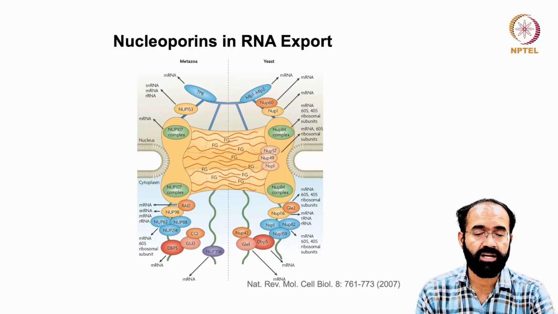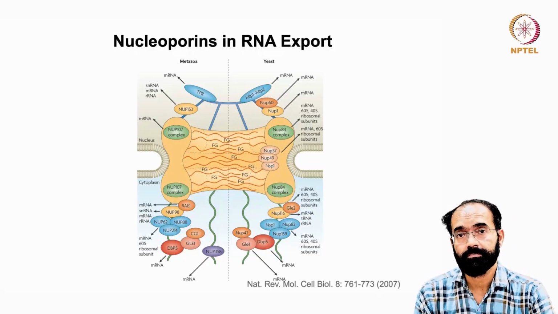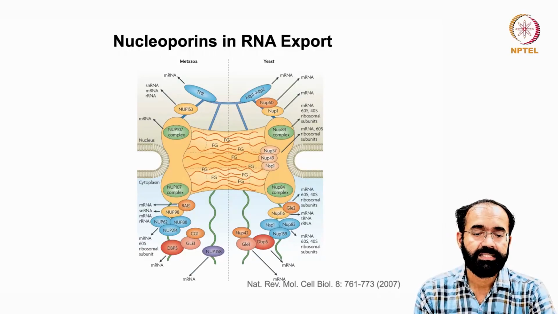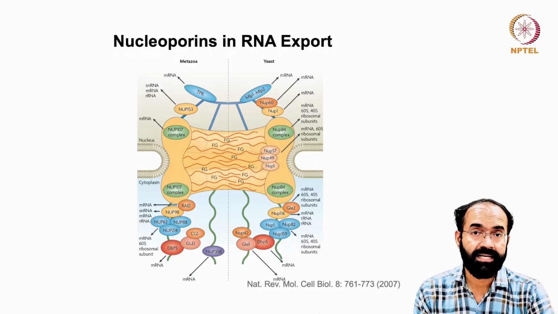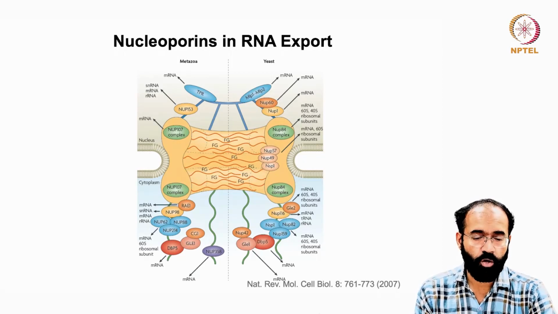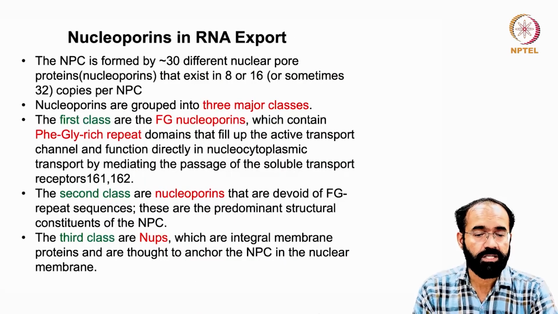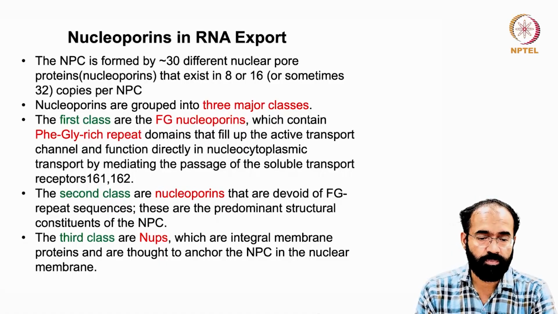Here cargo refers to the RNA species. So these are the nucleoporins in RNA export, mainly in the metazoan and also in the yeast. Now let us see in detail how each of these proteins is important in the transport of the cargo. So, nucleoporins in RNA export.